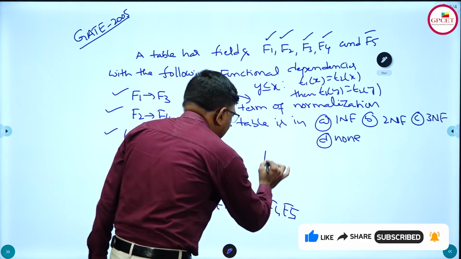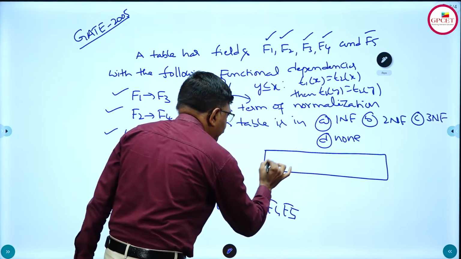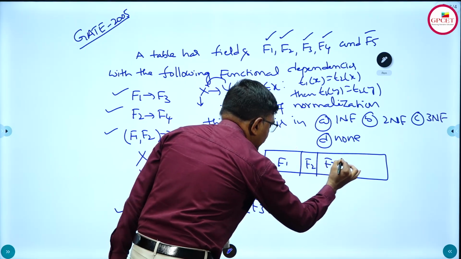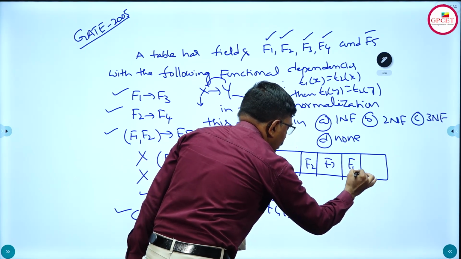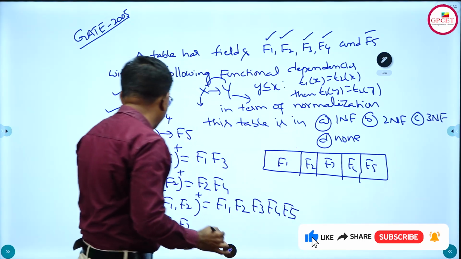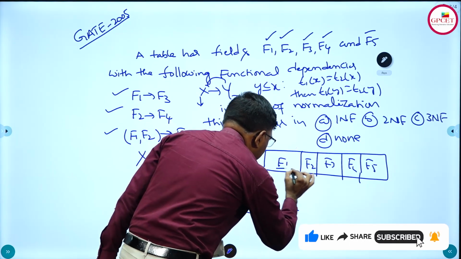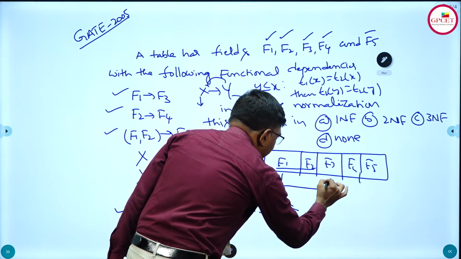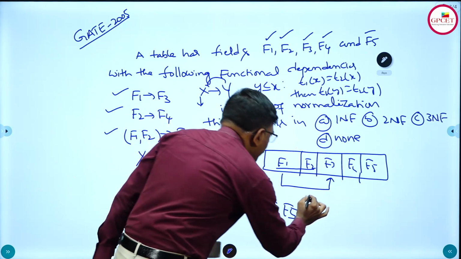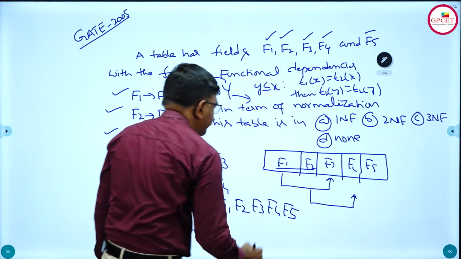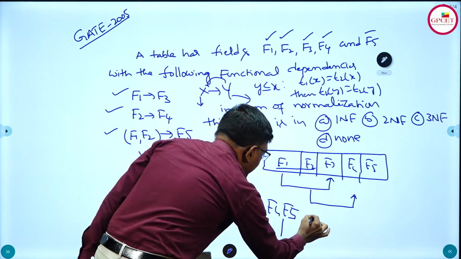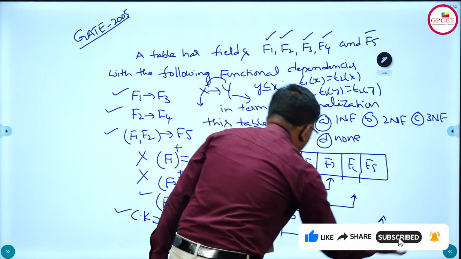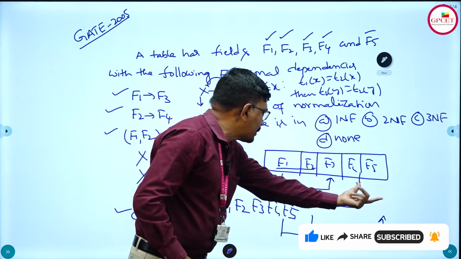Observe the tabular representation here: F1, F2, F3, F4, F5. F1, F2 is a key. F1 tends to F3, F2 tends to F4, F1, F2 tends to F5.